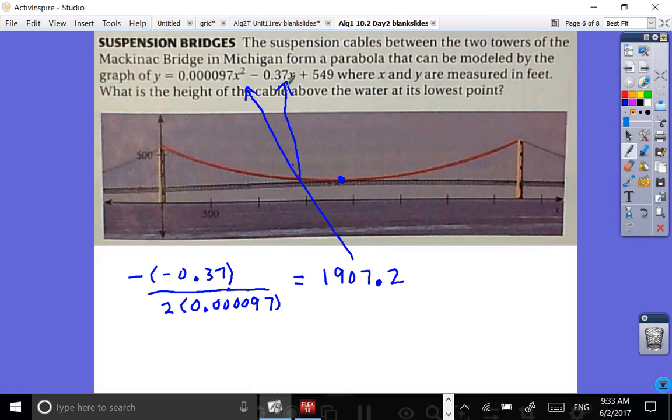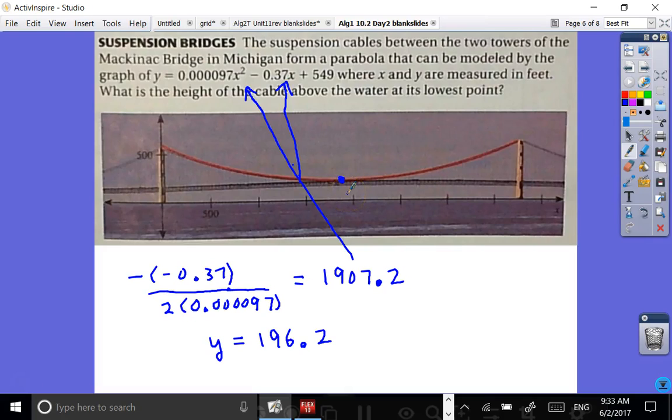I'm getting 196.2. So the minimum value above looks like it is 196.2.